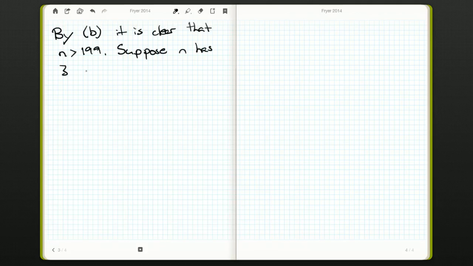Suppose n has 3 digits. If for some reason this formula doesn't work out, then we can try 4 digits. Maybe 3 digits just simply isn't enough.